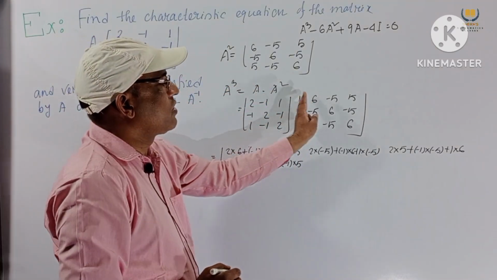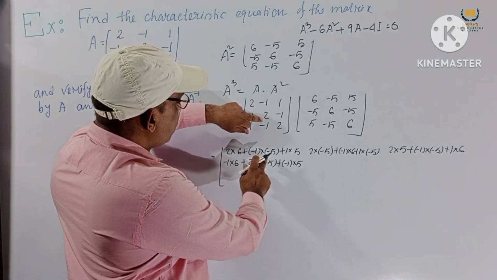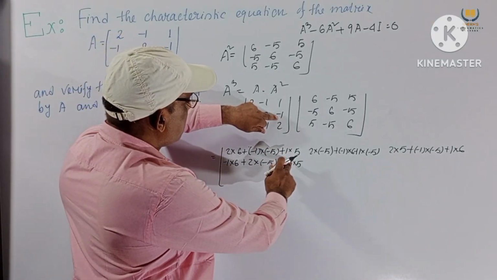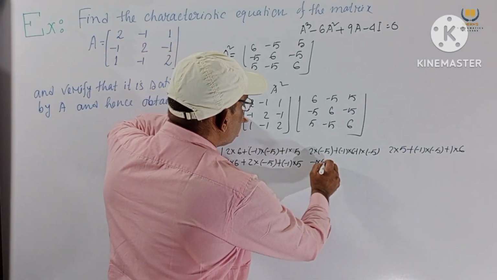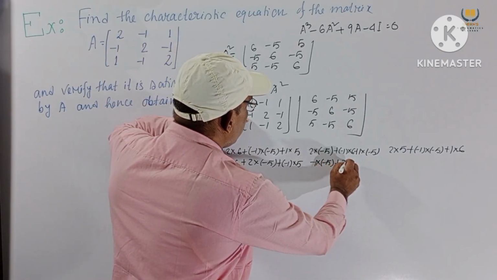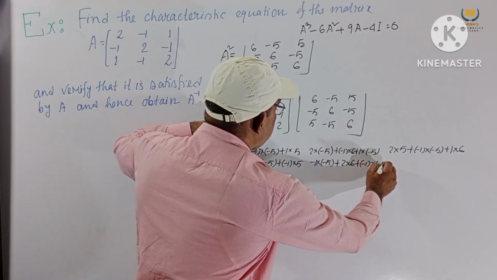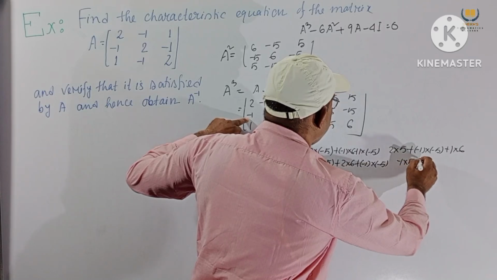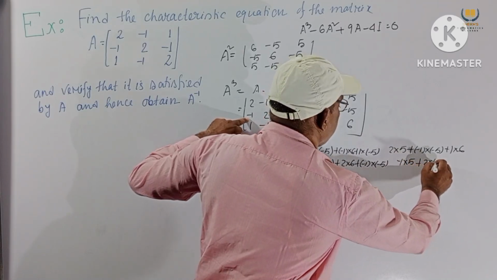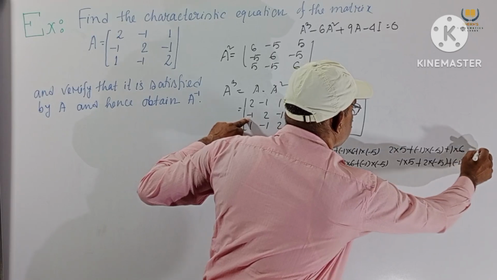Directly write minus 1 into the right side, 2 into the right side: minus 1 into minus 5, 2 into 6, minus 1 into minus 5, then minus 1 into 5 plus 2 into minus 5 plus minus 1 into 6.